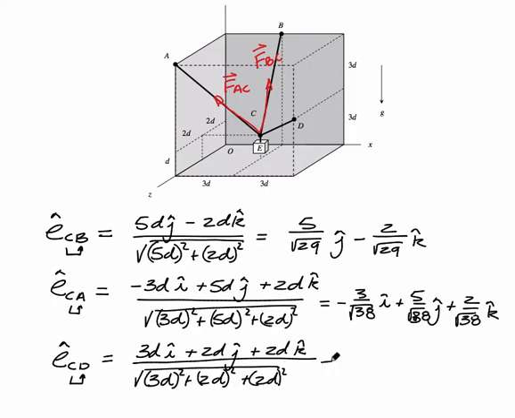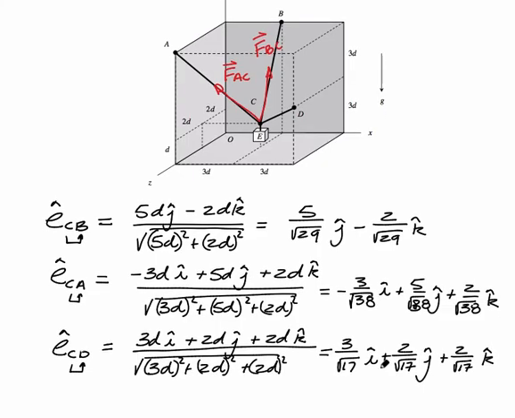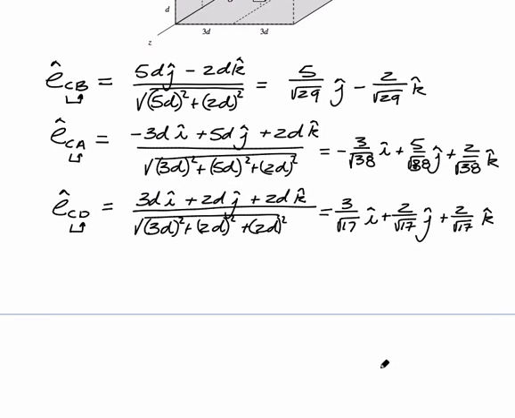In the end, I am looking at 9, 4, 13, so that's 17. So that's 3 divided by the square root of 17 in the positive x direction, 2 divided by the square root of 17 in the positive j, and 2 divided by the square root of 17 in the k. So those are our three unit vectors that we're going to need.